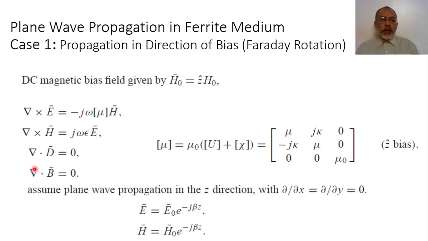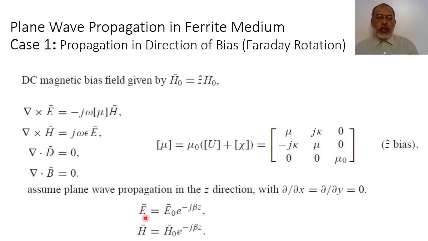And assuming that the incident electromagnetic wave is a plane wave propagating in z direction, in this case, the electric field will be assumed to be vector E naught multiplied by the propagation factor in z direction. And as I said, case 1, the propagation is assumed to be in the direction of the biasing magnetic field.